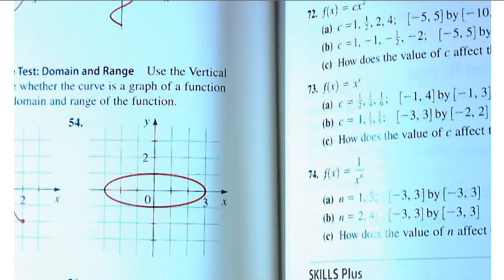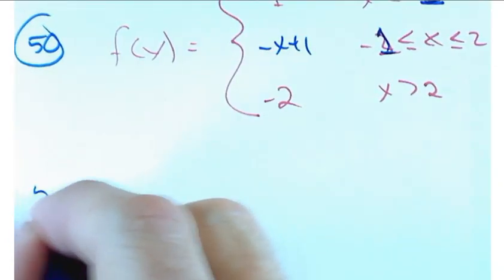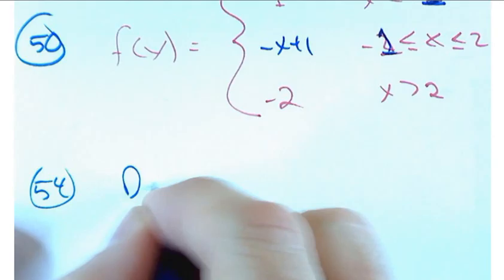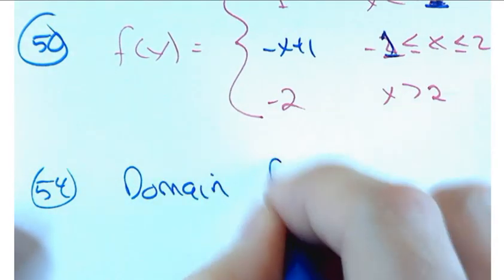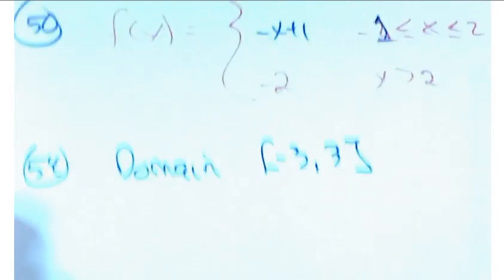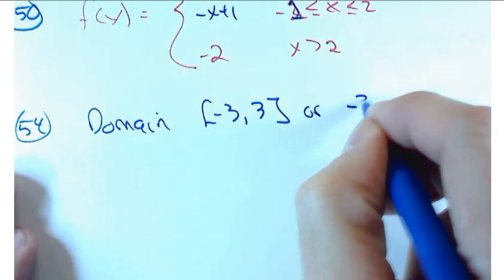So let me write it for us here. For 54, the domain is negative 3 to 3. Or you could write it with interval notation: negative 3 is less than or equal to x less than or equal to 3.